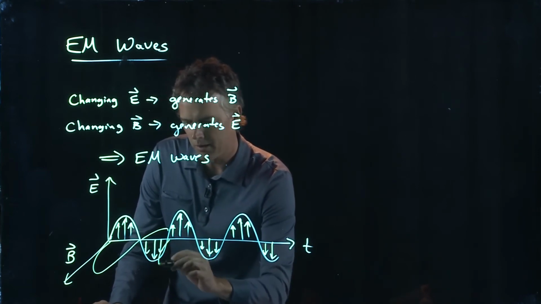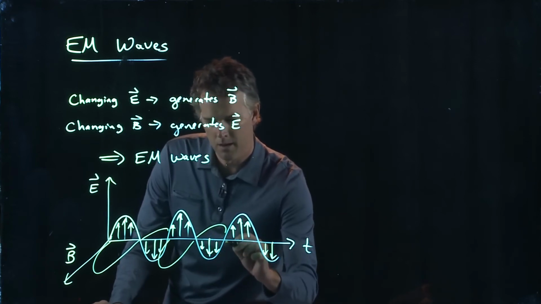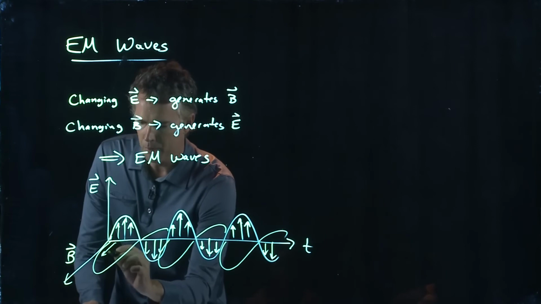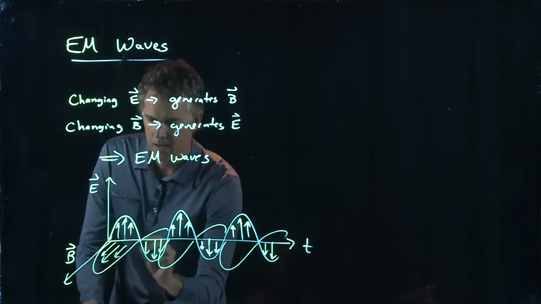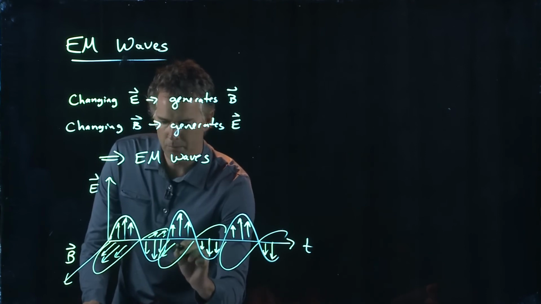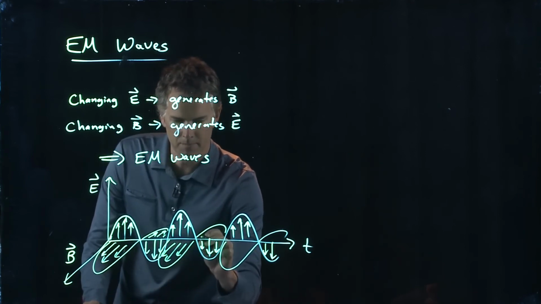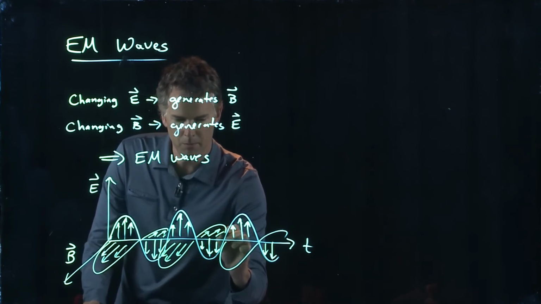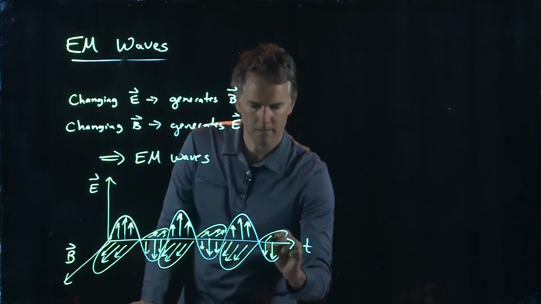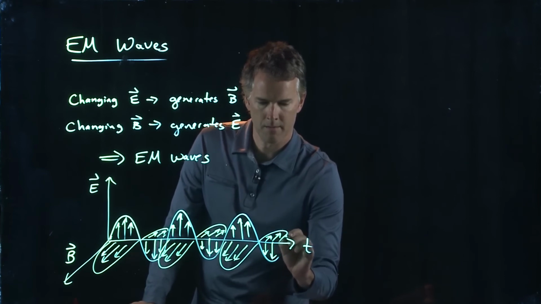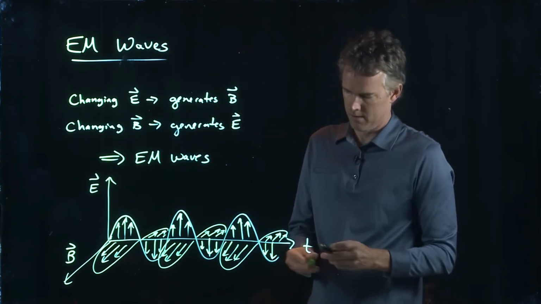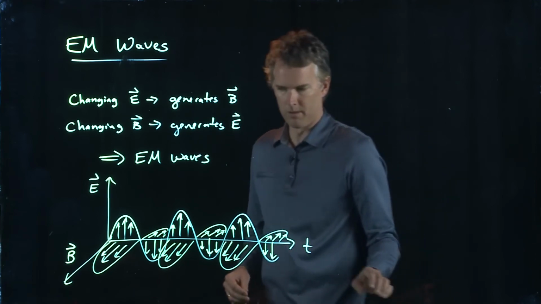This is a little hard to draw, but the idea is B is pointing this way, and then it's pointing into the board, and then out of the board, and then into the board, and so on. So these things are doing something like this.